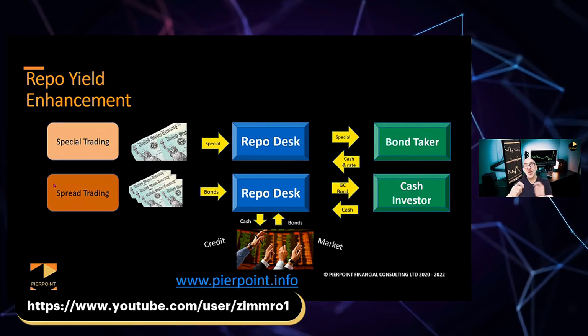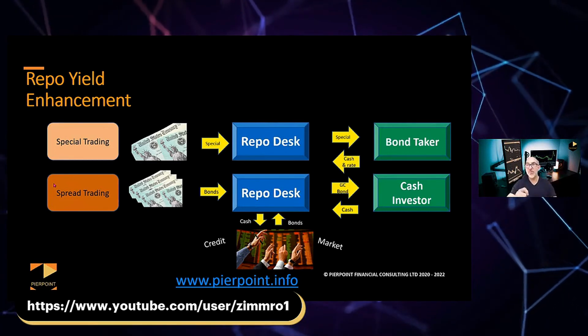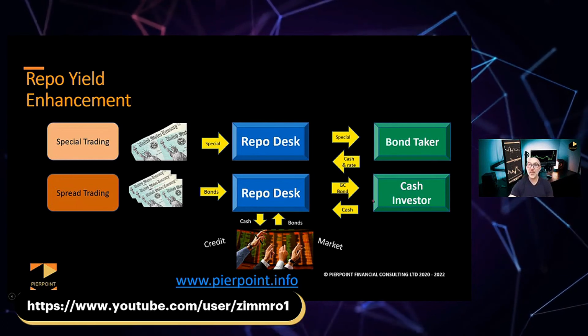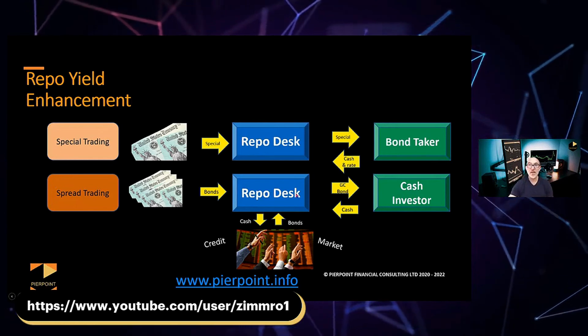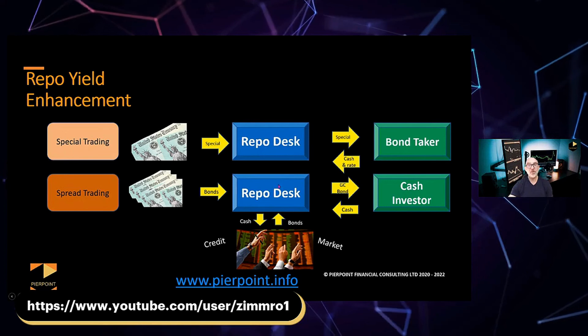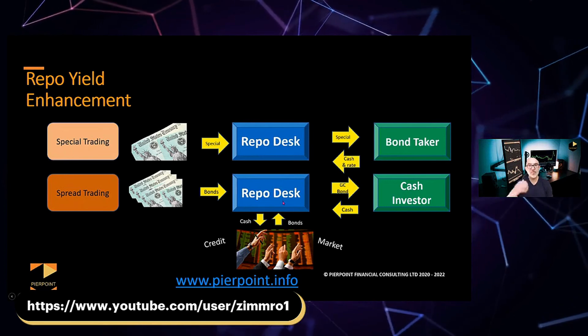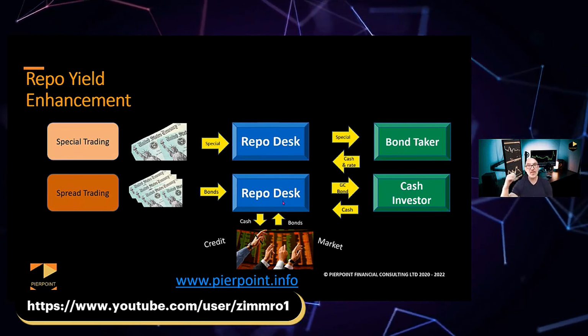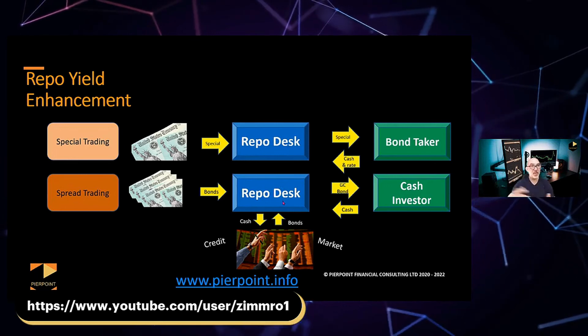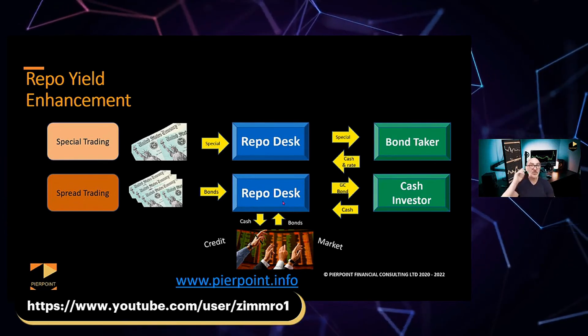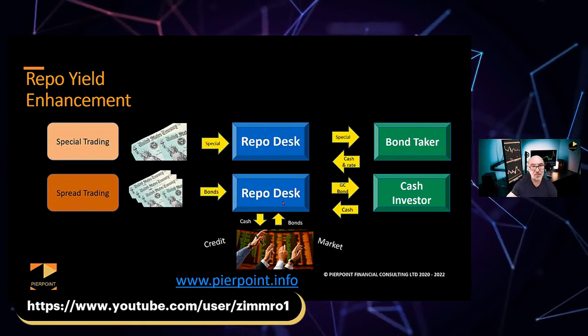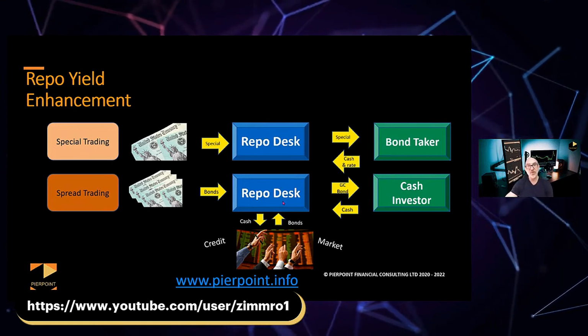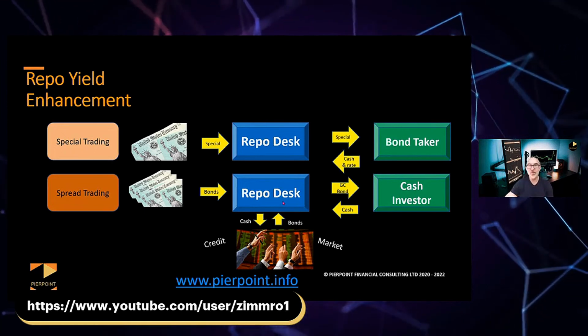So they could borrow money for 3 months in the repo transaction, this open leg here. And then on the reverse leg, where they're going to be taking bonds in, they might do a 6-month transaction. So they're getting a 6-month rate, but borrowing money for 3 months, which means, of course, they have to roll over that 3-month financing for another 3-month financing, or you can do the reverse as well.